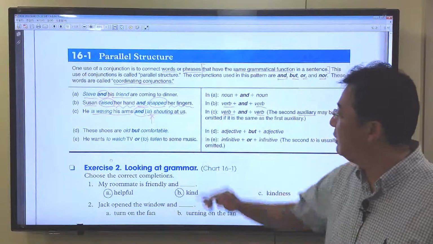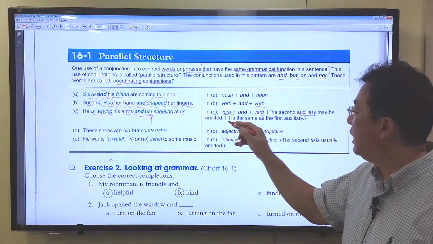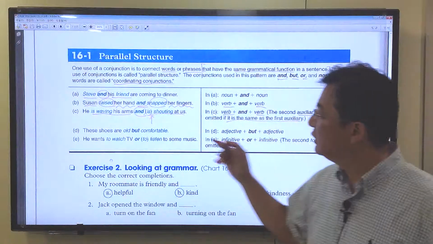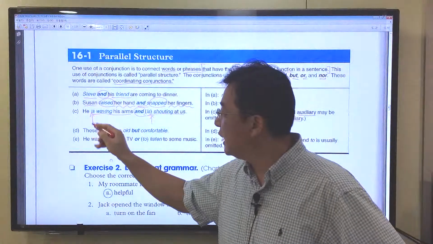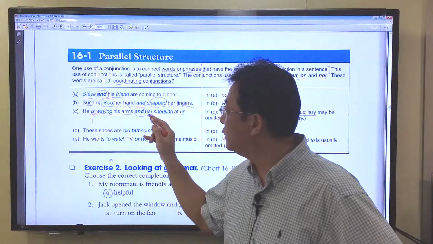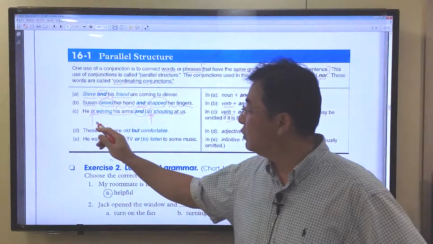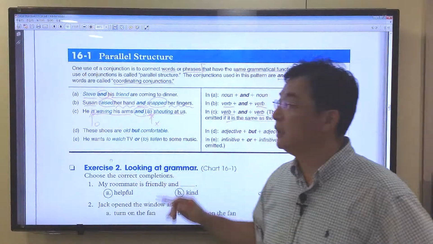It may be omitted if it is the same as the first auxiliary. 처음에 나오는 auxiliary와 같죠, 그죠? 그러니까 두 번째 auxiliary를 생략했는데, 그래서 요거는 킵하고 요거는 뺀 겁니다. 그 말이죠.